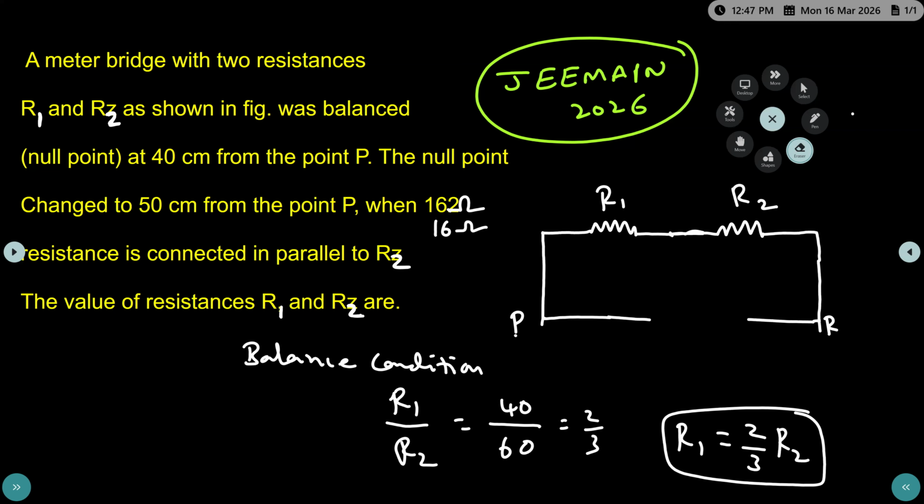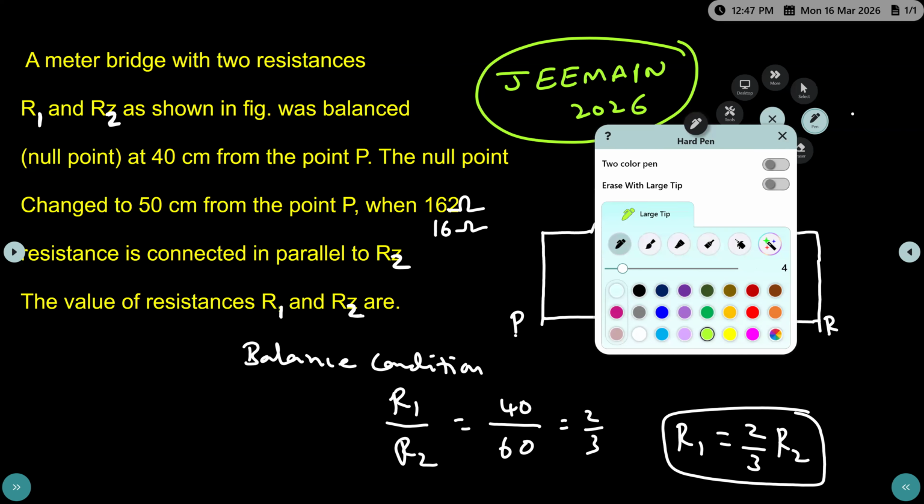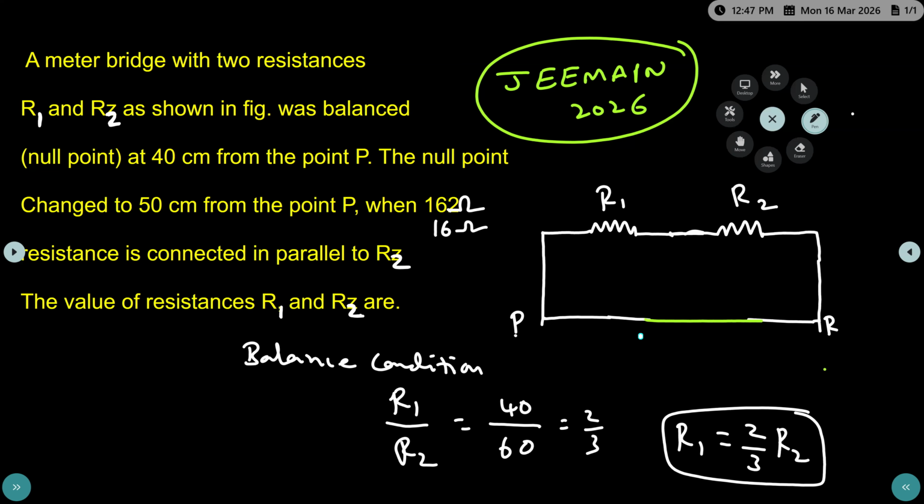The first change, null point changes to 50. Exactly at the middle you can take. First part is 50, automatically the second part is 100 minus 50, which is also 50. The null point changes to 50 and an extra resistance, which is 16 omega, is connected parallel to R2.